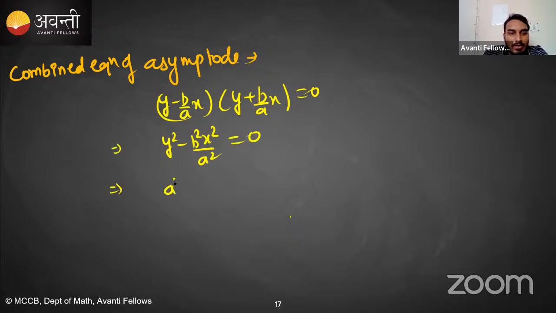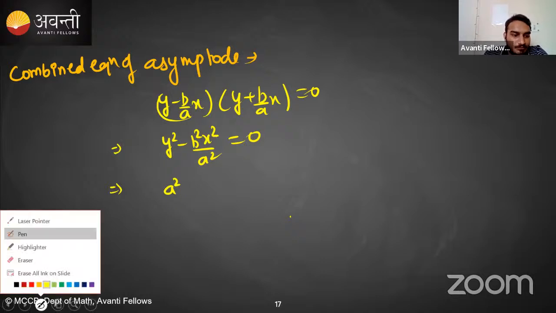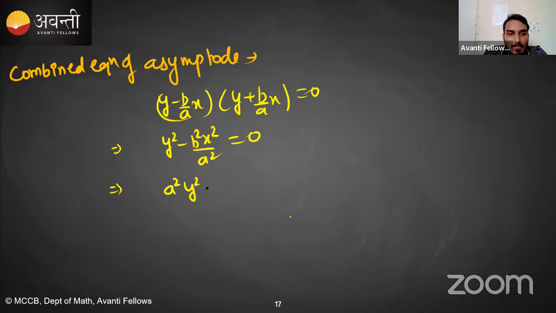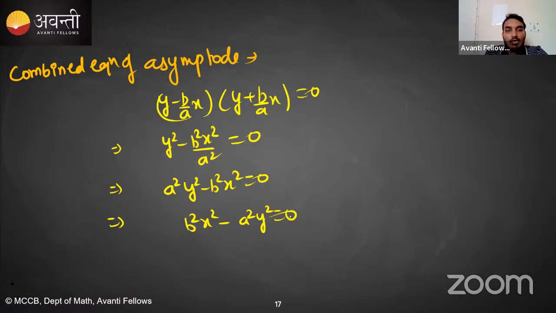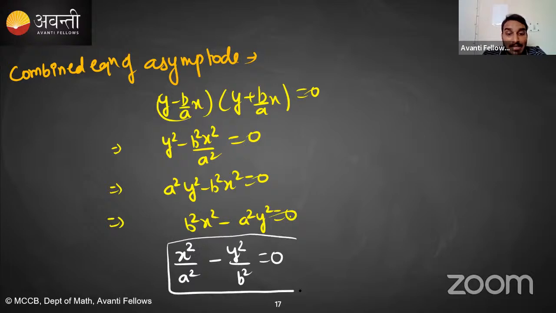LCM ले लो, a square, or what you can do is a square y square minus b square x square is equal to 0, or b square x square minus a square y square is equal to 0. Now divide the whole equation by a square b square. So what you will get is x square by a square minus y square by b square is equal to 0. So this is the combined equation of asymptote.